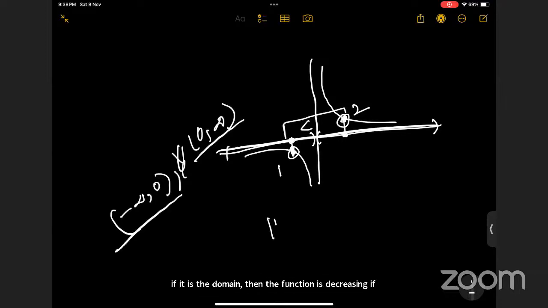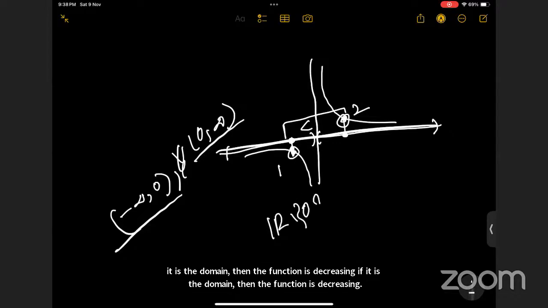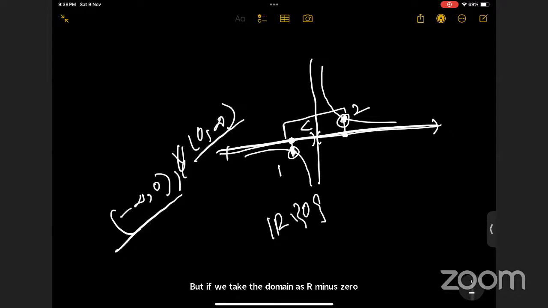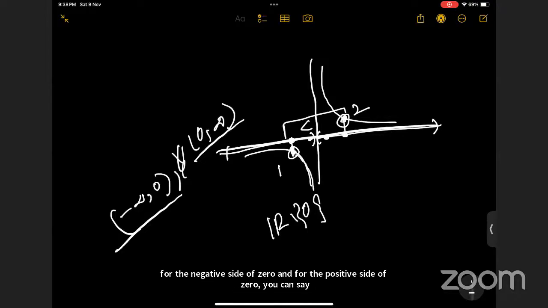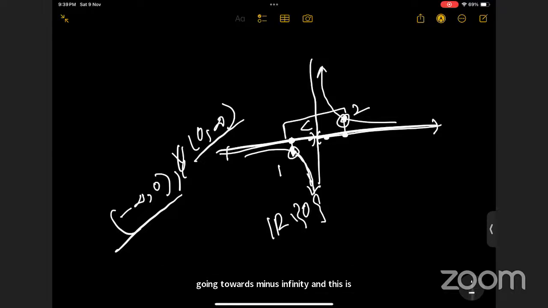But if we take the domain as R minus 0, then we cannot say the function is decreasing, because for the negative side of 0 and for the positive side of 0, you can clearly see this is going towards minus infinity and this is going towards infinity. So in this portion, it is satisfying the definition for increasing function, right? That is why for this function, we cannot say this function is a decreasing function. Okay.